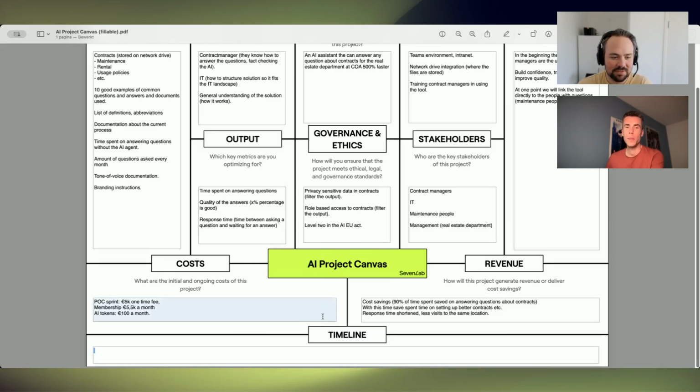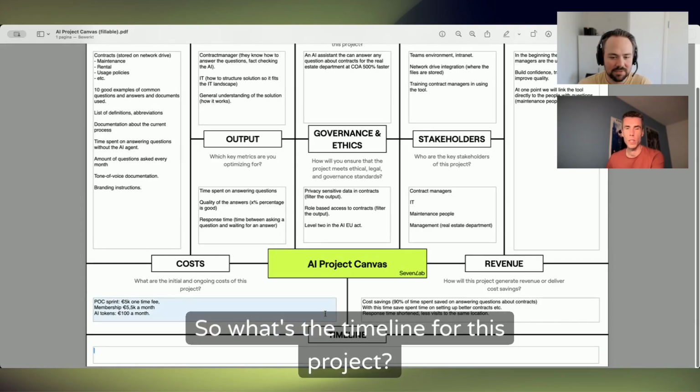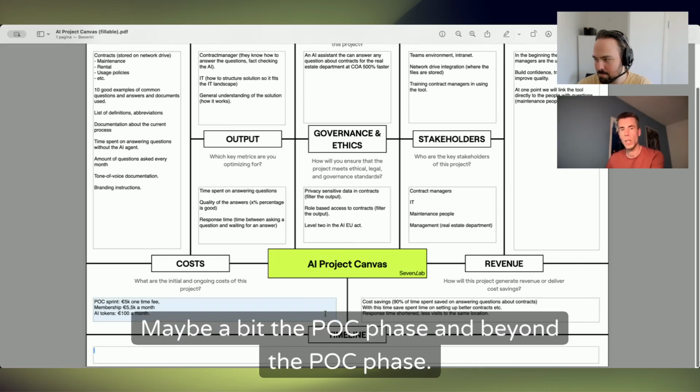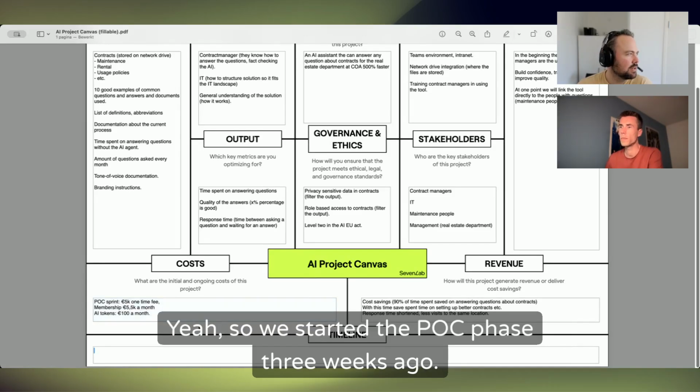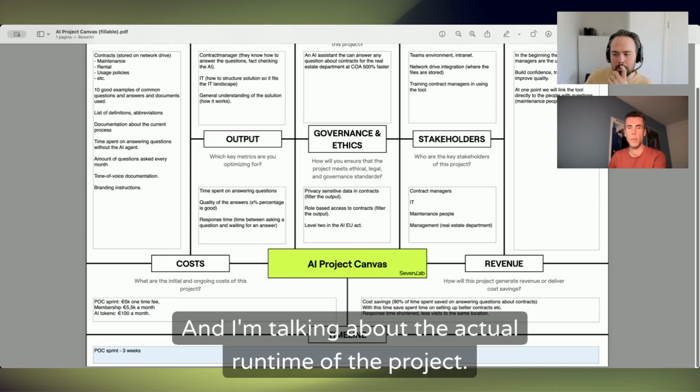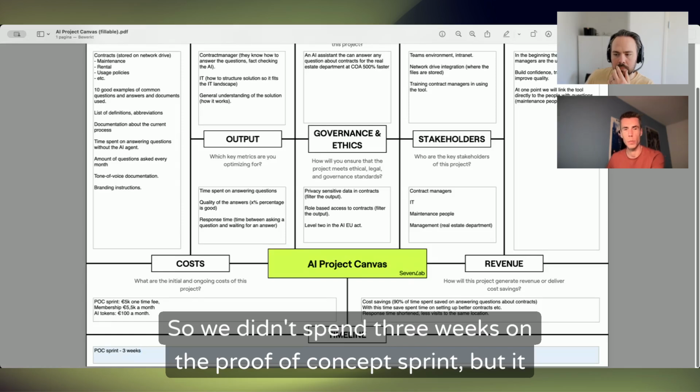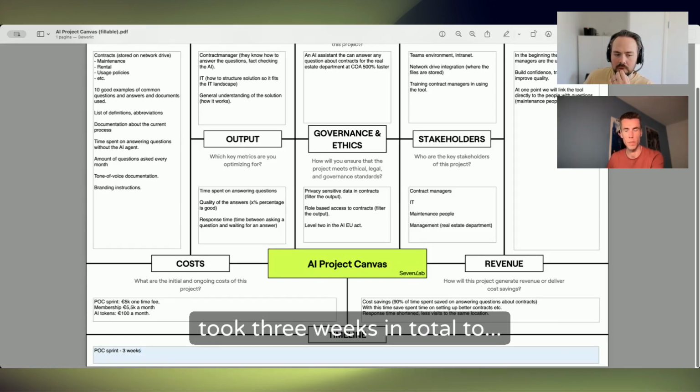Nice. And the timeline. So what's the timeline for this project? Maybe the POC phase and beyond the POC phase. Yeah, so we started the POC phase 3 weeks ago. I'm talking about the actual runtime of the project. Oh, no, sorry.